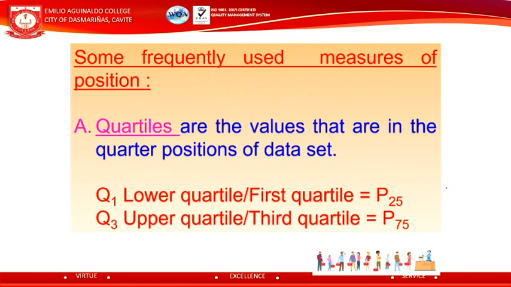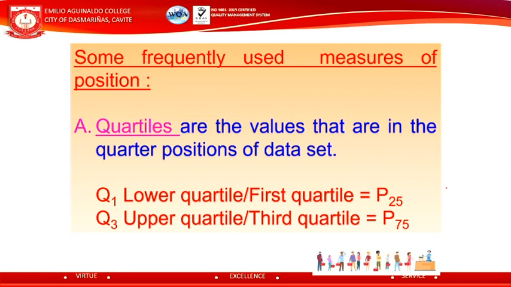Now let us define the second terminology, the quartiles. Quartiles are values that are in the quarter position of the data set. From the word itself, it came from the word quarter. So unlike the percentile, where we divide the data set into 100 equal parts, here we are just going to divide the data set into 4 equal parts.